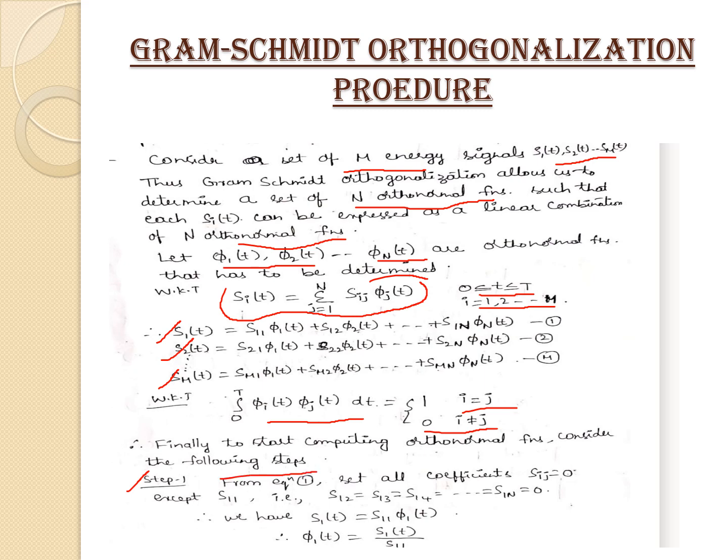Step 1: from equation 1, set all coefficients Sij equal to 0 except S11, that is S12, S13, S14 till S1n are equal to 0 except S11. Here we have the formula phi 1 is equal to S1 of t by S11.